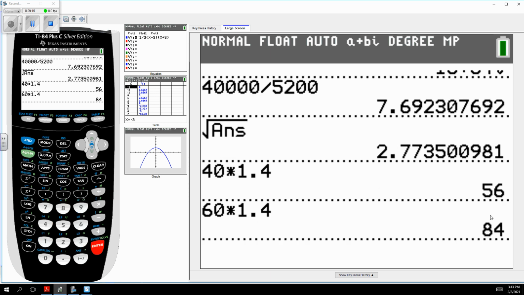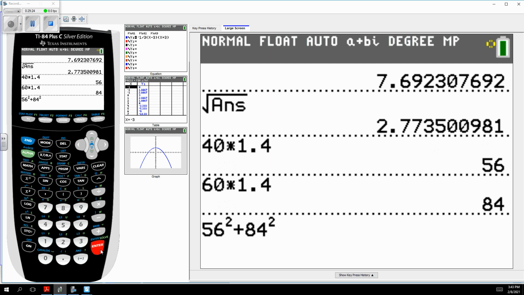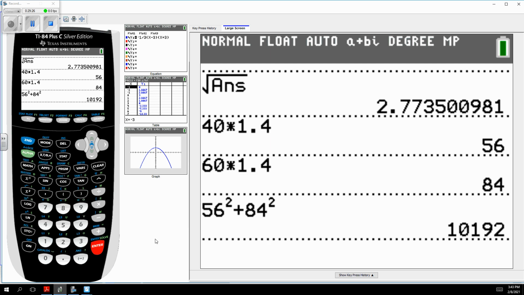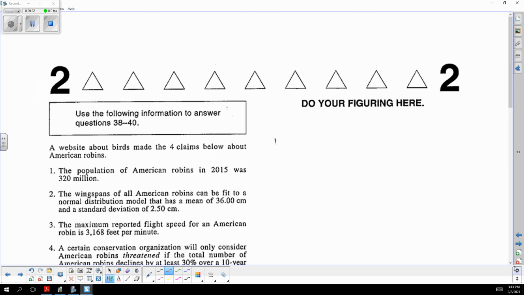And then tested it versus Pythagorean theorem. Would 56 squared plus 84 squared equal 200 squared? And no. And of course it would work for the next one, 2.8, or at least be close.